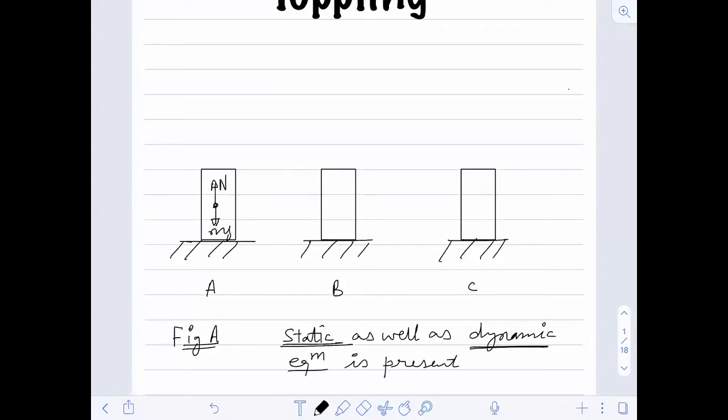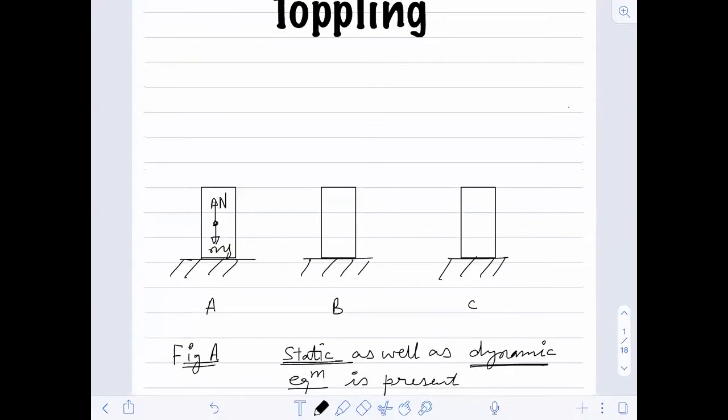Now for figure B, if you just check, I'm applying a force F on this. Because it is kept on the surface, there will be a frictional force acting on it. So if I take mg downward and a normal reaction vertically upward, which normally you would have assumed are in the same line of action.